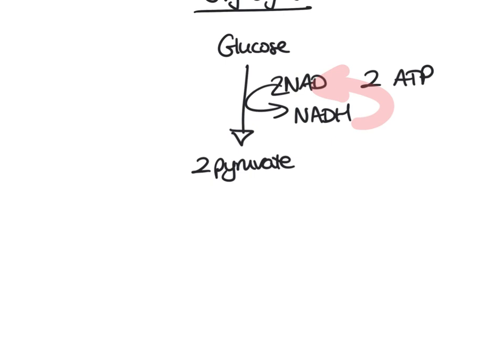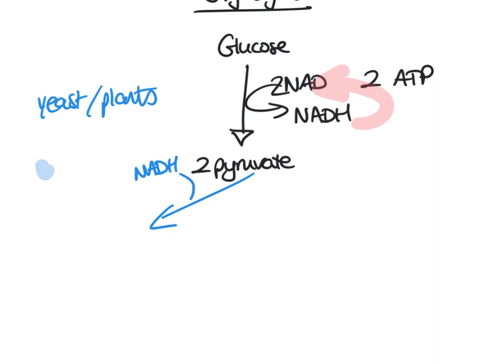So how do we basically get rid of the hydrogens from our NADH? So there's two ways. If it's yeast cells or plant roots, pyruvate basically reacts with the NADH. Pyruvate takes the hydrogen, so the pyruvate is reduced and it makes ethanol and carbon dioxide.